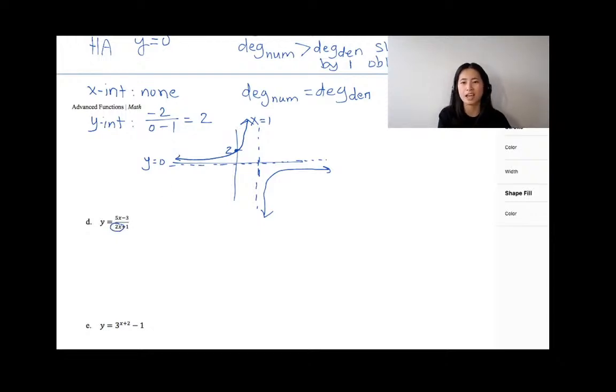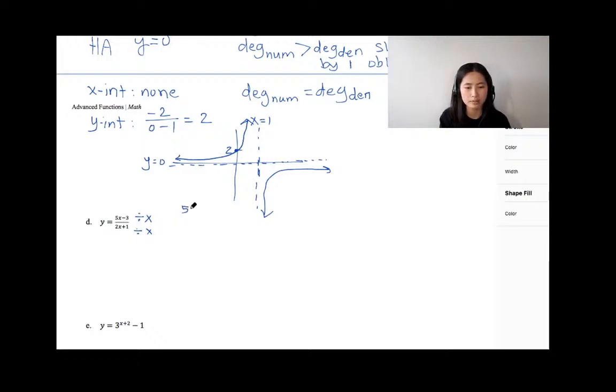Does that make sense? So in this case, what you need to do is divide both your numerator and your denominator by the highest power of x, which is x. It really varies. For example, if you have x squared, then you would have to divide by x squared. So make sure to divide by the highest power of x. So what is happening here is you're going to have 5, because 5x over x gives you just 5.